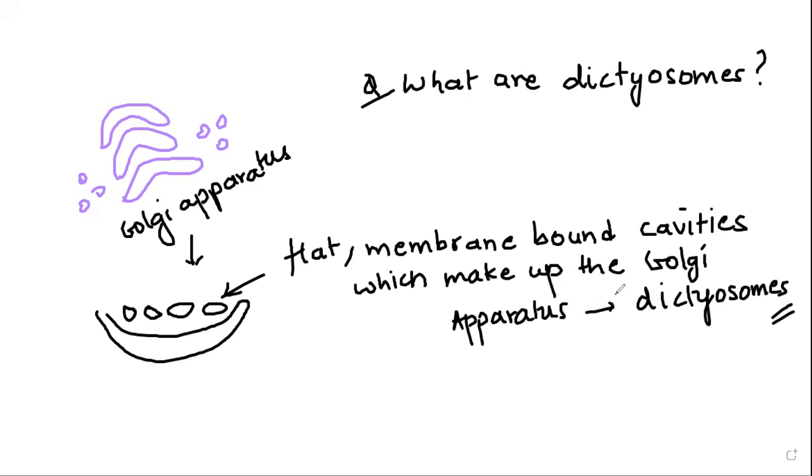Now, their function. You can write the function of the Golgi apparatus itself, or like Suhani mentioned, yes, they are involved in protein storage. Basically, the main function of the Golgi apparatus is packaging, so they are involved in packaging also.